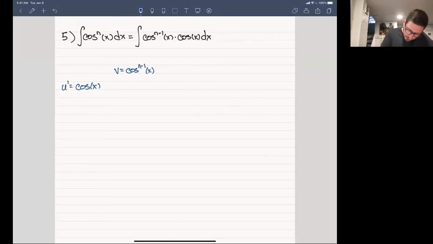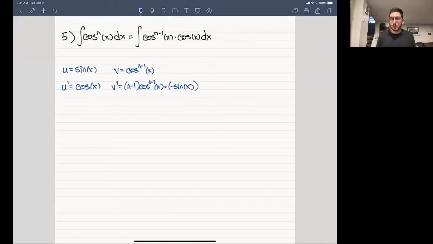So then this tells me that u is equal to sine of x. That's okay. And v prime is n minus 1, so we're using the chain rule right now, cos of n minus 2 of x, and then times minus sine of x.